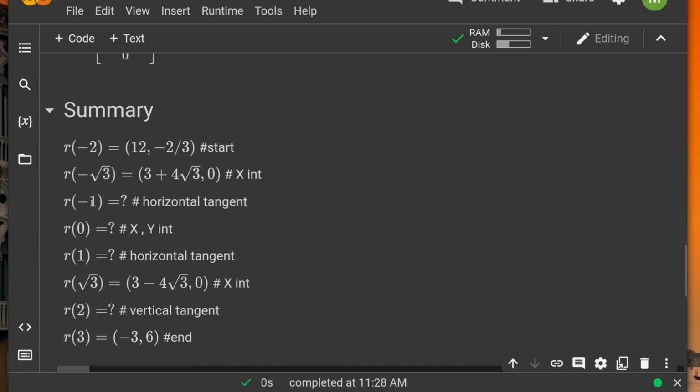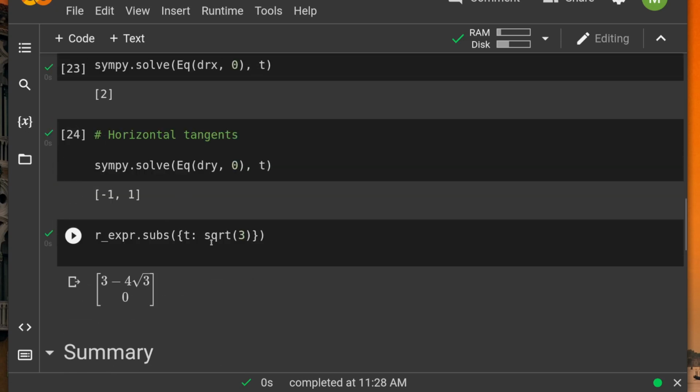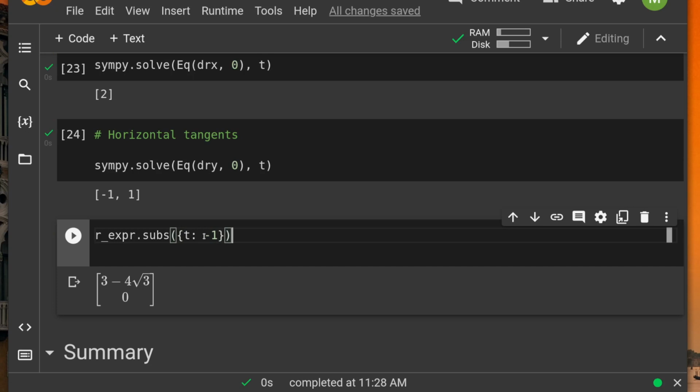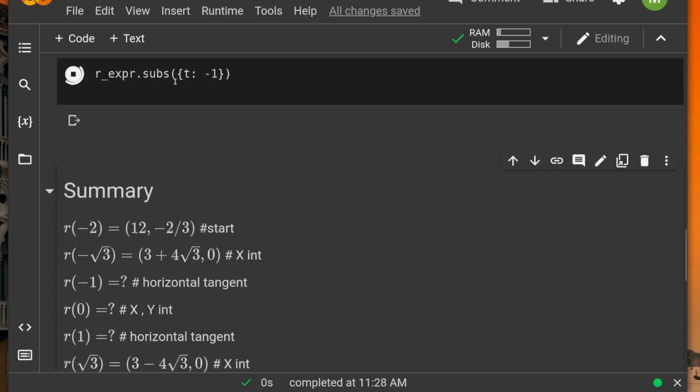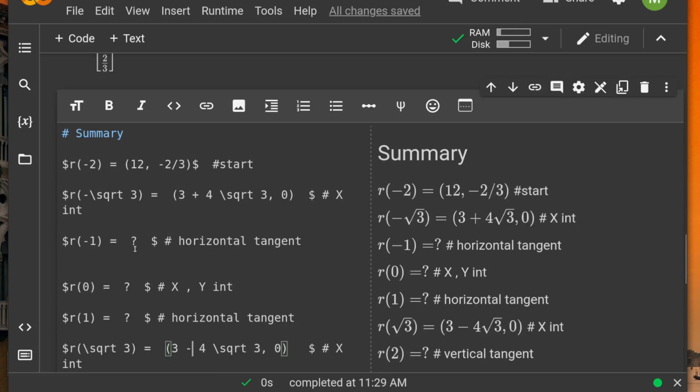Let's take a look at r when the parameter takes on the value minus 1: 5 for the x coordinate, 2 over 3 for the y coordinate. So that is 5 and 2 over 3.